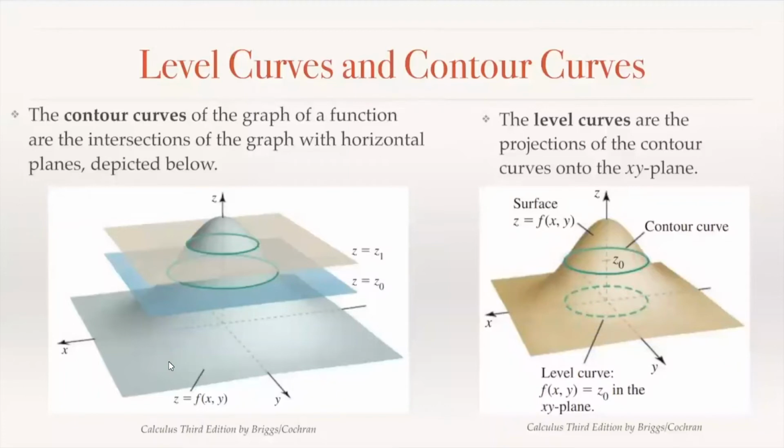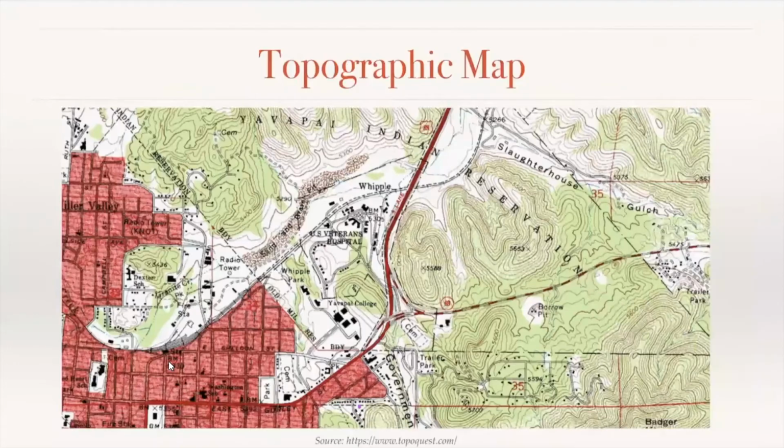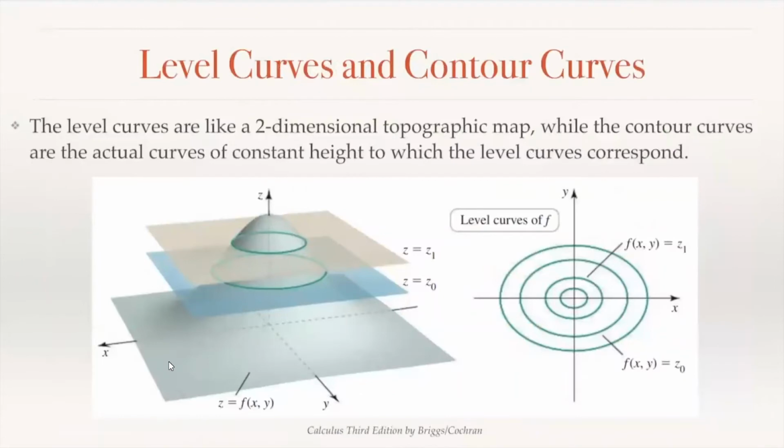So the only difference between contour curves and level curves is that contour curves actually live up along with possibly non-negative z components, while their projection down onto the xy plane is a level curve. So when you look at a map like this one, all of these are level curves, not contour curves, because they're projected down onto a two-dimensional map, like the xy plane. Level curves are like a two-dimensional topographic map, while contour curves are the actual curves of constant height to which the level curves correspond.